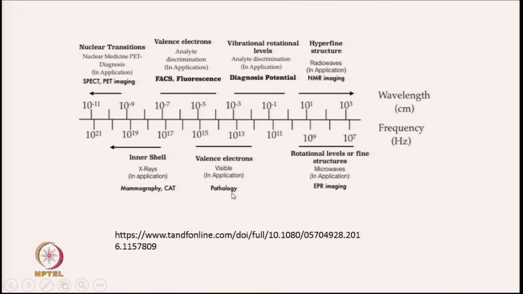For example, nuclear transition is used in SPECT and PET imaging. Fluorescence is often used for analyte discrimination. Vibrational rotational analysis is also used for analyte discrimination, and radio waves are quite often used for NMR imaging.